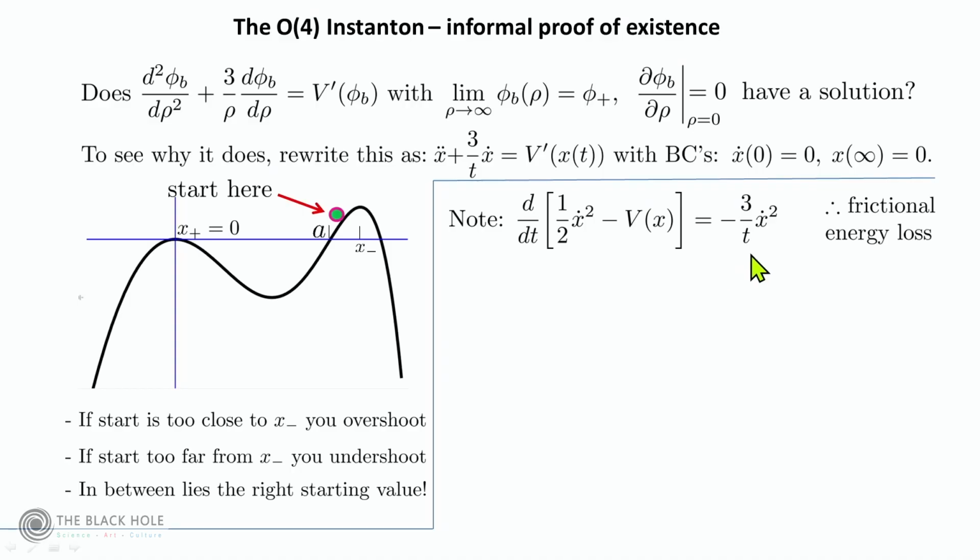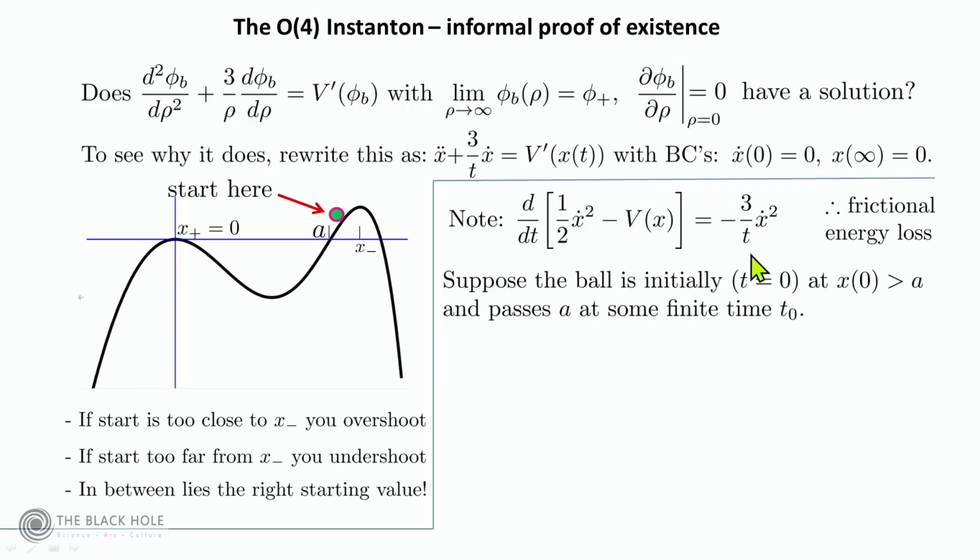Now, suppose the ball is initially at t equal to 0 at some value of x naught, which is bigger than a, so here, and it passes by this point a at some finite time t naught. Then what's the energy loss going to be?